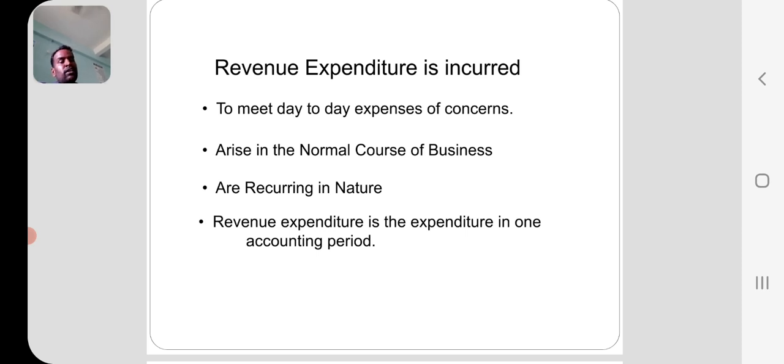Revenue expenditure belongs to only one accounting period, or one financial year, or one particular year.